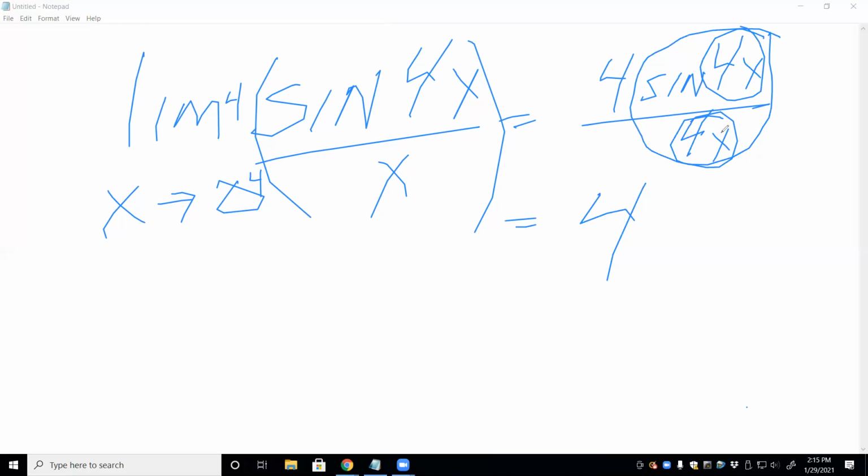Quick question, and I just want to know if I'm wrong here. Assuming sine x over x equals 1, is it not fair to say that showing it as 4x over 1 is the same as saying it would be 4, knowing that sine x over x is 1? If this is true, then this is true.